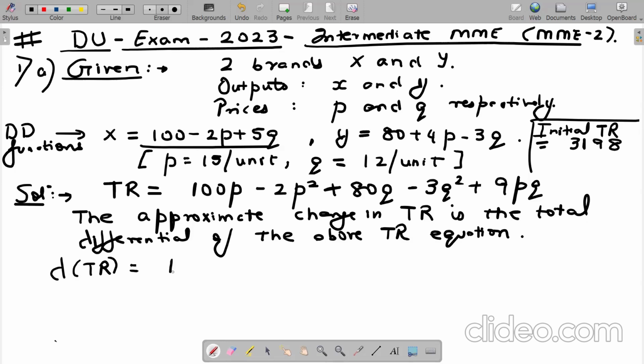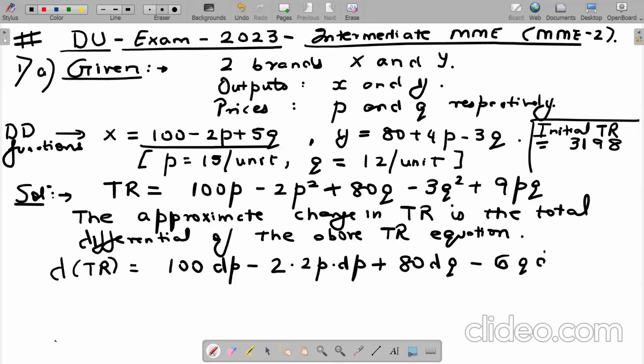So dTR is equal to 100 times dp minus 2 into the total derivative of p squared, which is 2p dp, plus the derivative of 80q, which is 80 dq, minus 3q squared, whose total derivative is going to be 6q dq, plus 9 times the total derivative of pq, which will be p times dq plus q times dp.